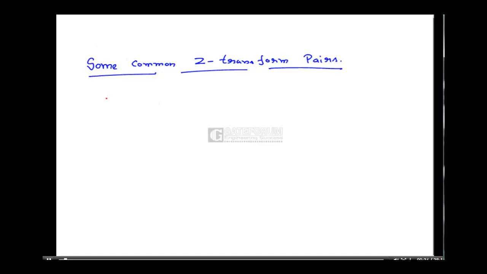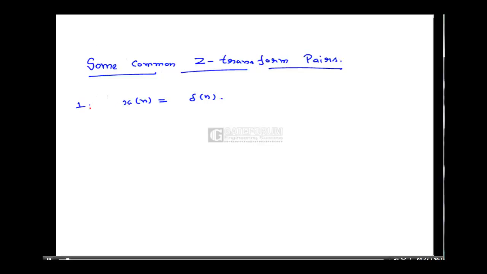Useful for calculating the Z transforms in the various problems. First one, x[n] equal to, though we have already seen this, we'll take it once again.